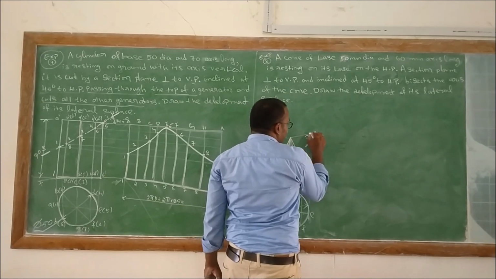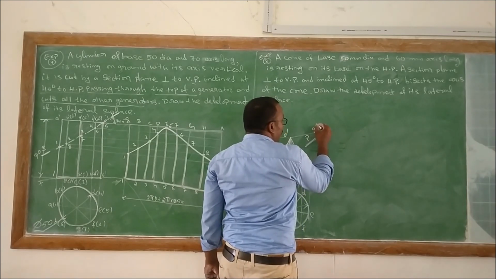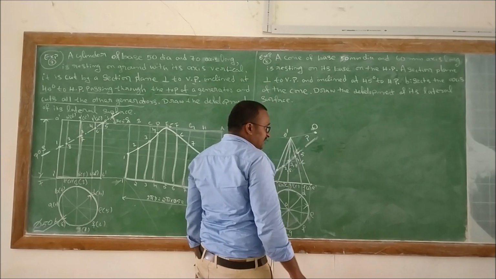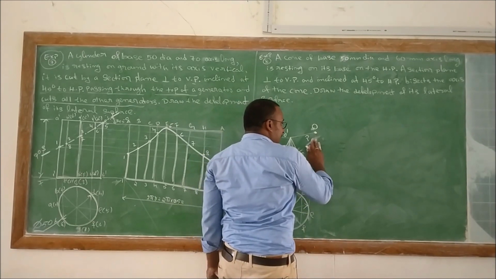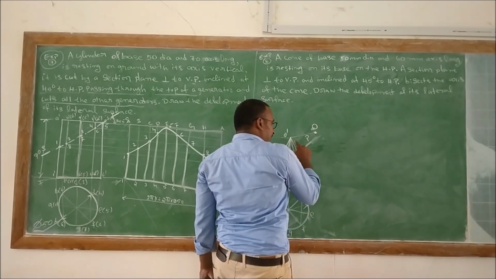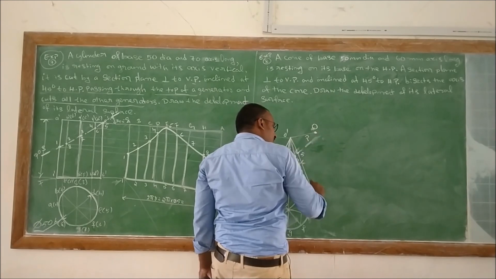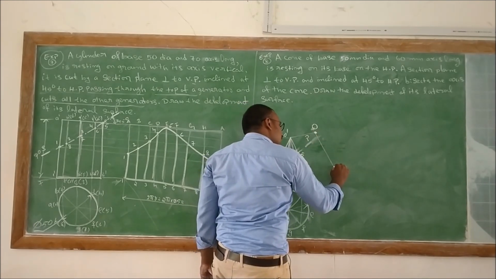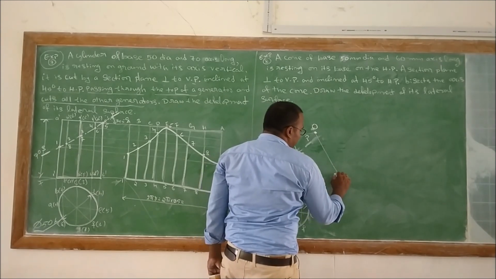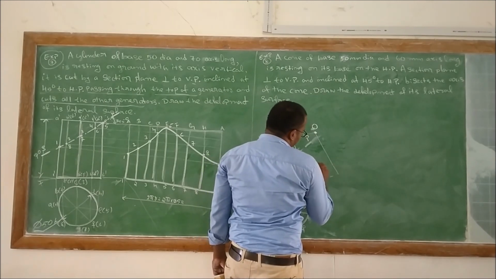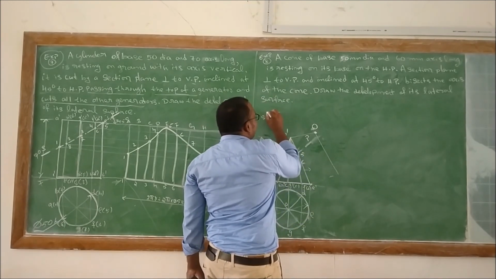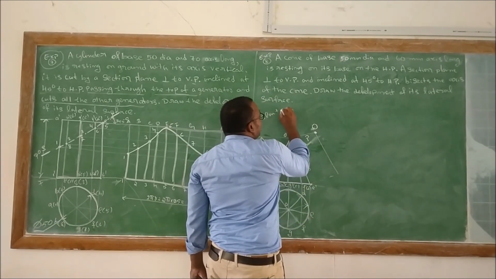Here we have an O point, then take the radius. So take the parallel line to that particular line, right? So it should be parallel to this line and equal to the length of that particular line, which is the slant edge length.